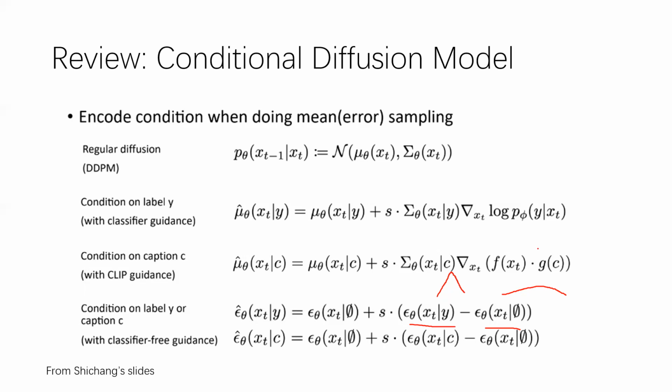What is the empty set in the condition? Does that mean you don't condition on anything? Yeah, that's correct. Yeah, you need a label, but you don't need a classifier model. Yeah, this one is a classifier model.